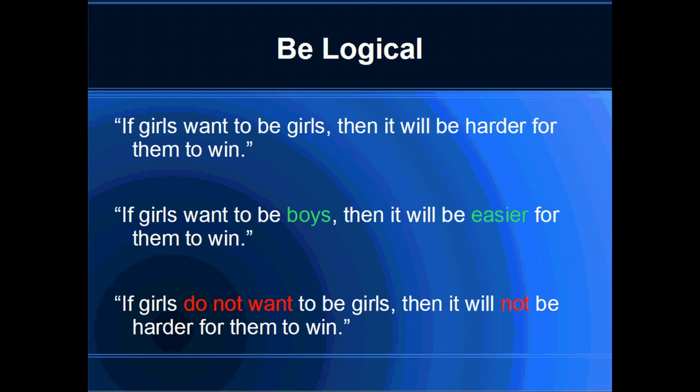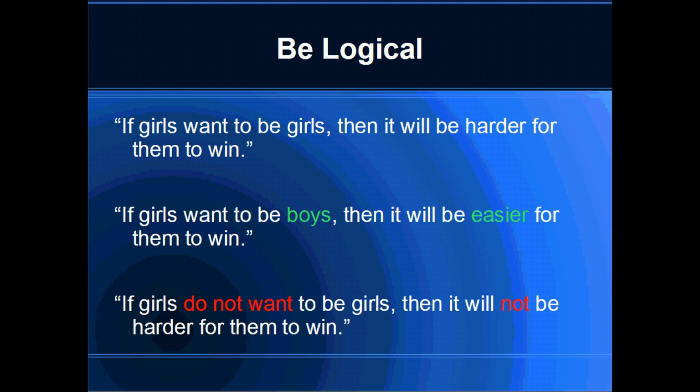Now in the third conditional proposition, I'm going to make the antecedent contradictory to the one originally given in the first conditional proposition. If girls do not want to be girls, which would probably be the same thing as them wanting to be boys, then it will not be harder for them to win. Now, not being harder for them to win is not the same as being easier. It could mean that instead of easier, it could be of medium difficulty for them to win.